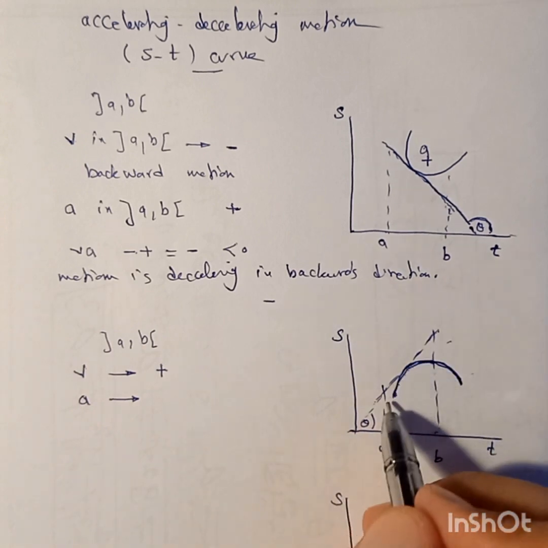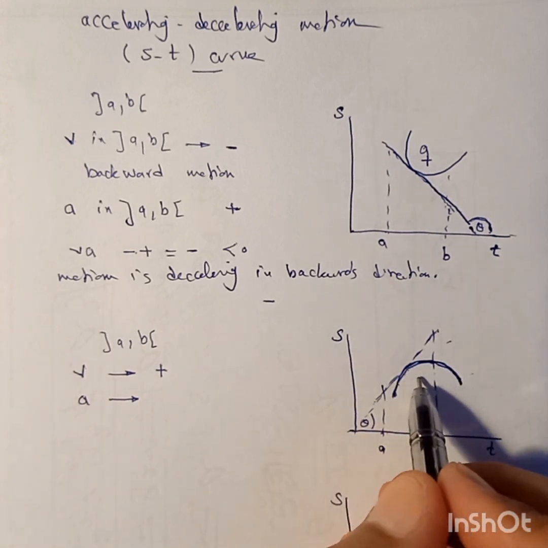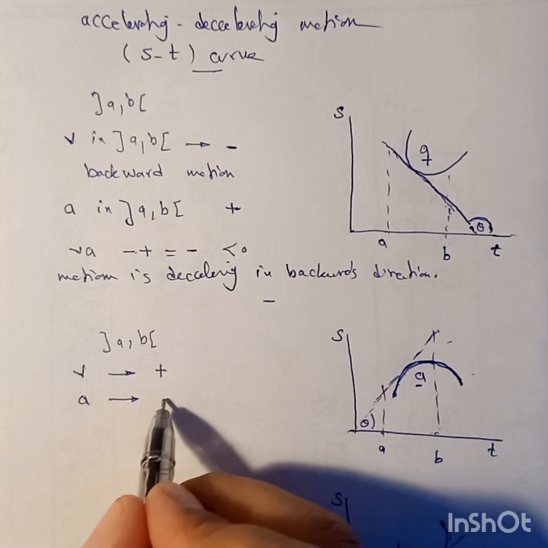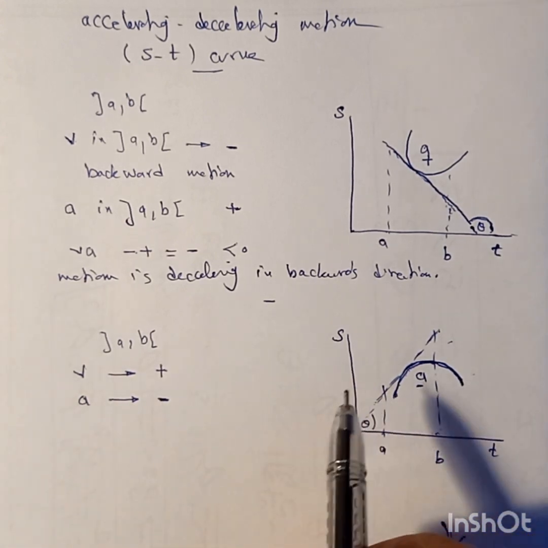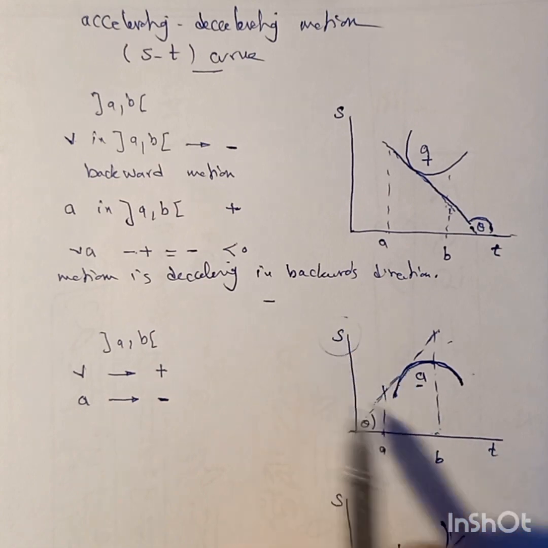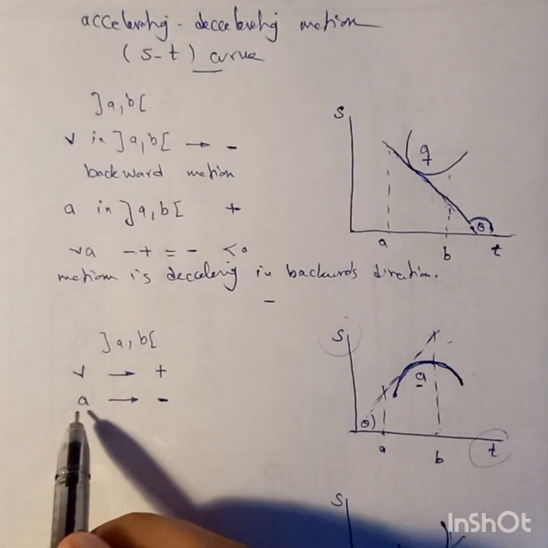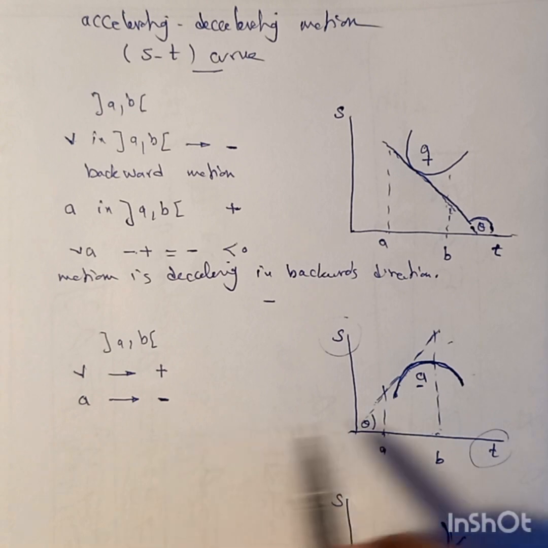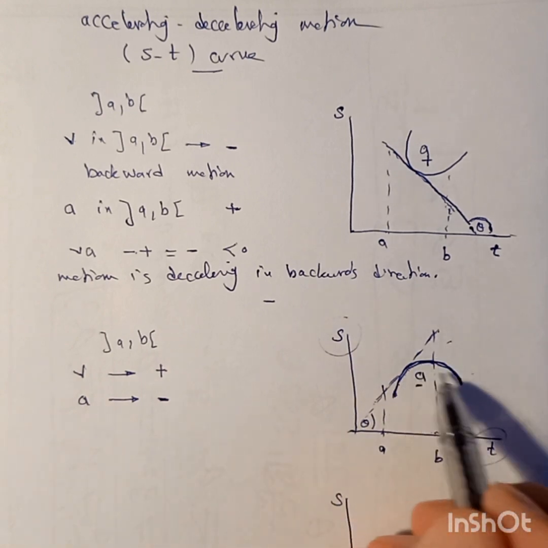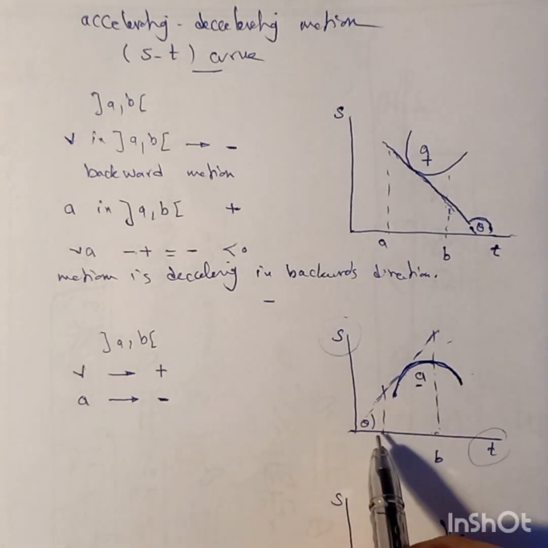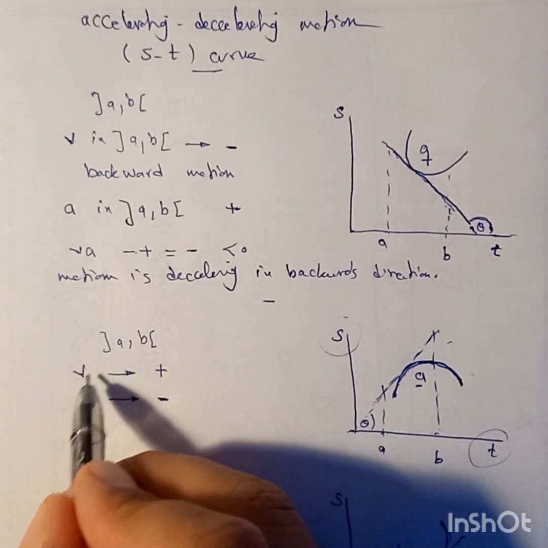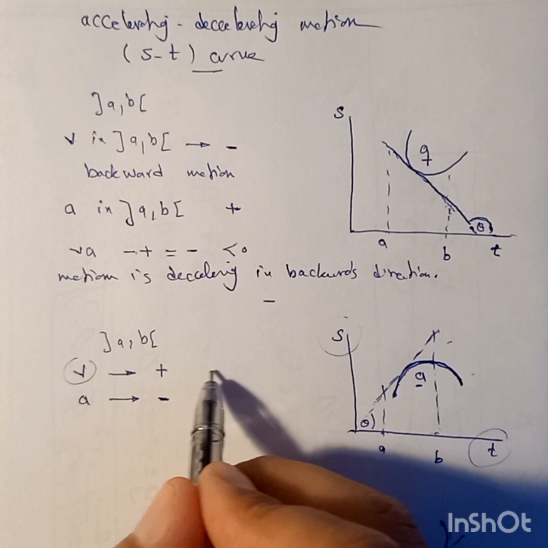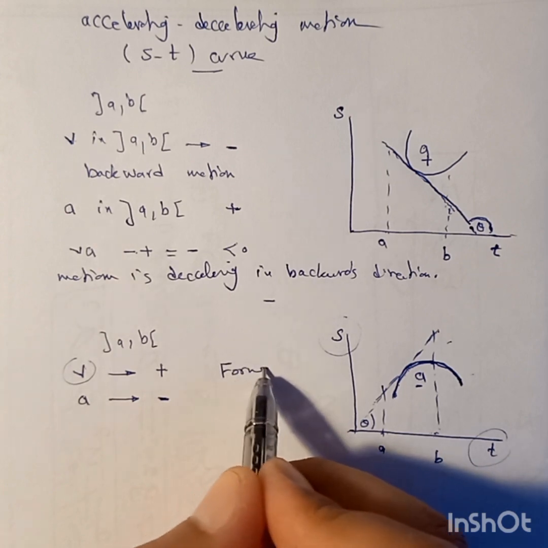Here the curve is upward convex, then A is negative. You have to be sure that we are dealing with an ST curve, then the sign of acceleration depends on the type of convexity of this curve within this time interval A and B. Now here we have velocity positive, then motion is forward.